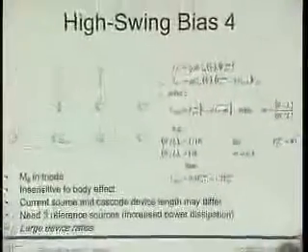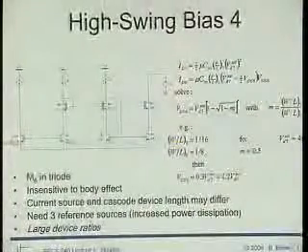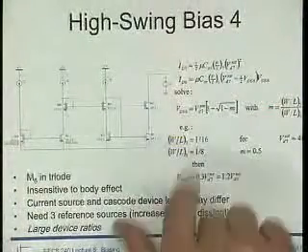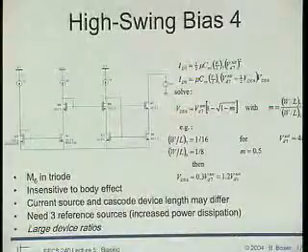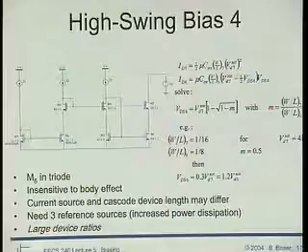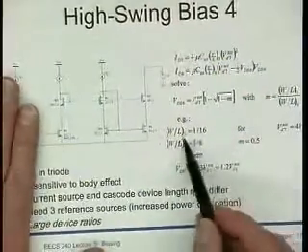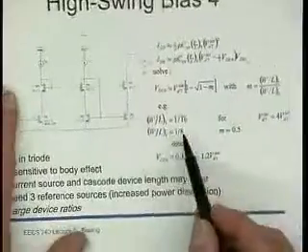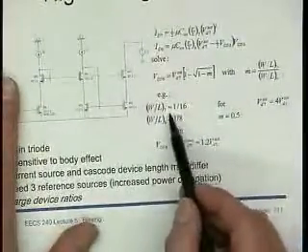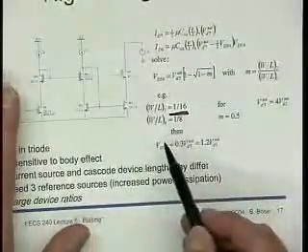This now is almost only for completeness. There is yet another high swing biasing circuit. This one is insensitive to body effect, unlike all the other ones, and you can look at it. It does have a disadvantage, and that is that we need fairly extreme transistor ratios.